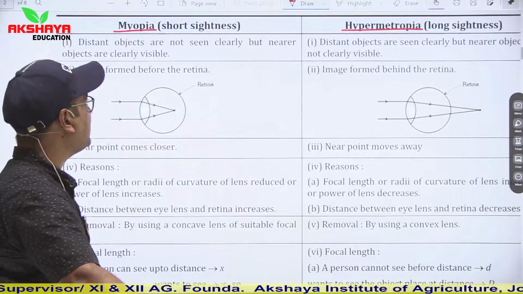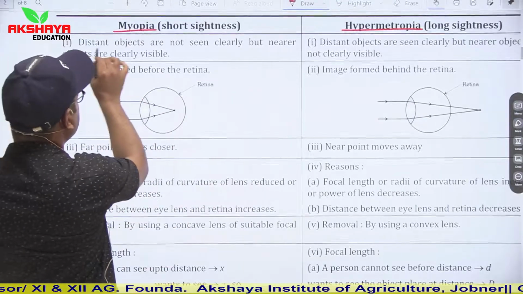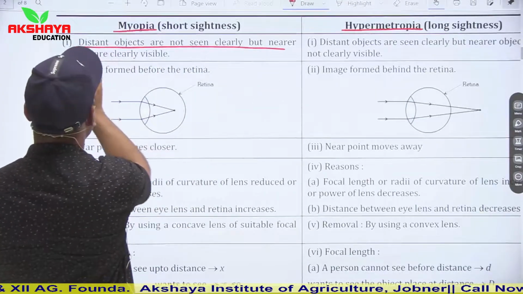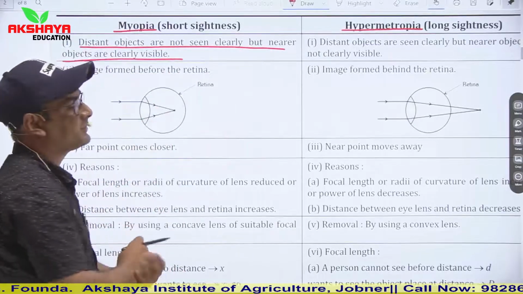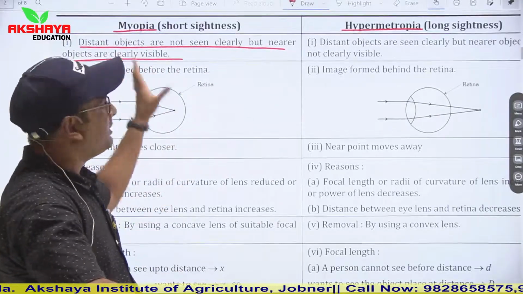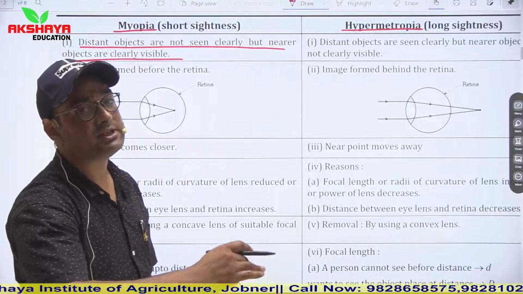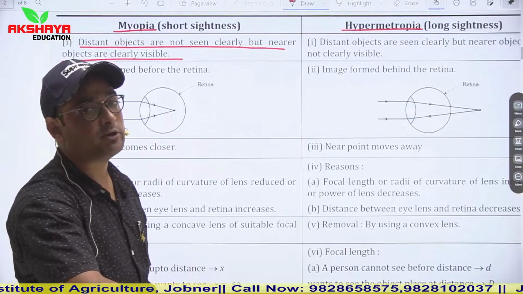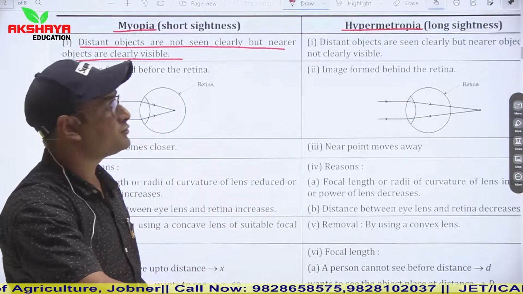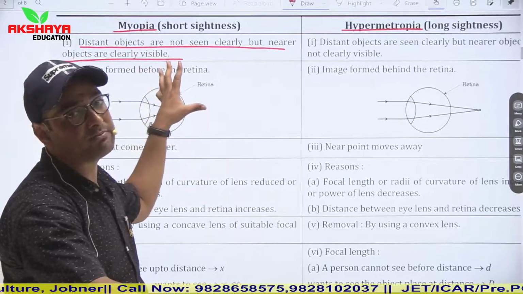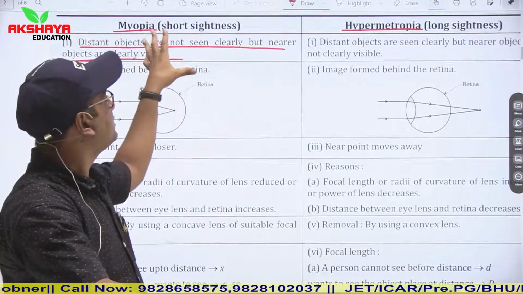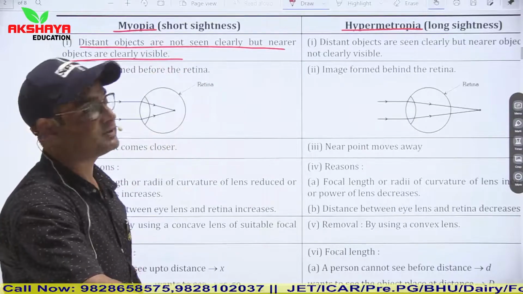Distant objects are not seen clearly, but nearer objects are clearly visible. In myopia we can clearly see nearer objects, but we cannot see farther objects clearly. Such an eye disease is known as myopia, or short-sightedness or nearsightedness.